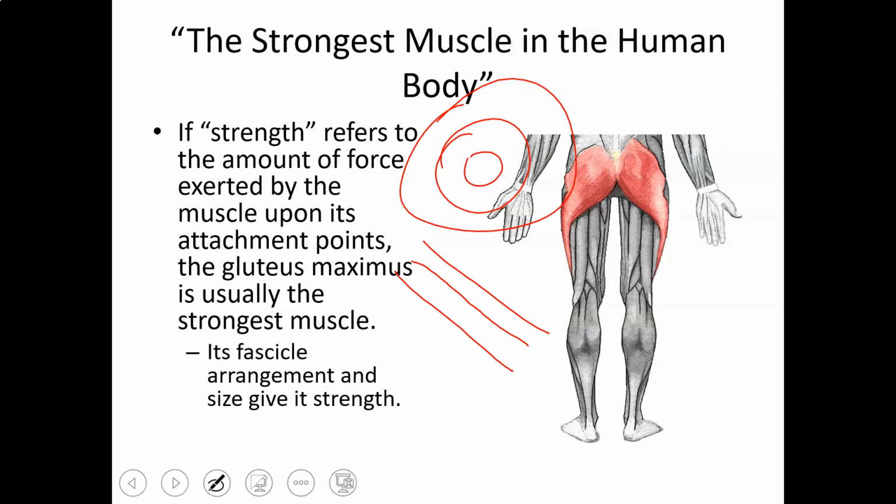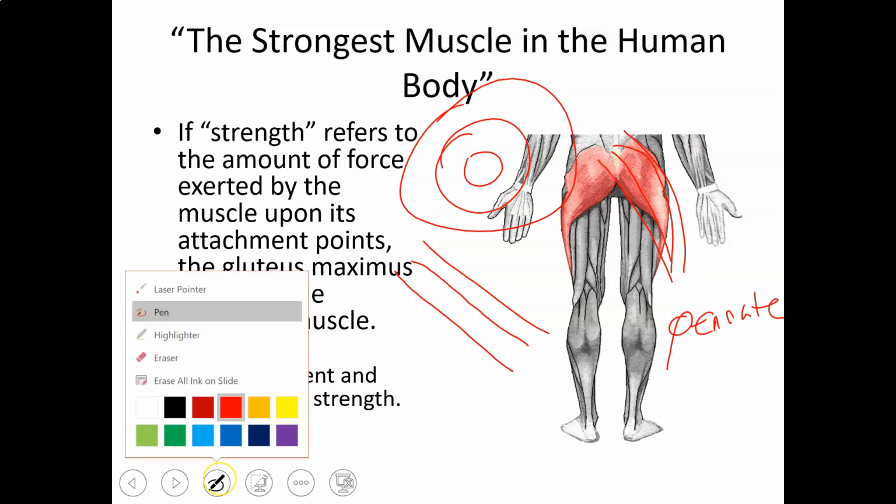And then we have what we see here in the gluteus muscle, where they all come down to a common point, called the pinnate form. And that's easily the strongest conformation of fascicles. So gluteus maximus is typically considered to be the strongest muscle in your body.